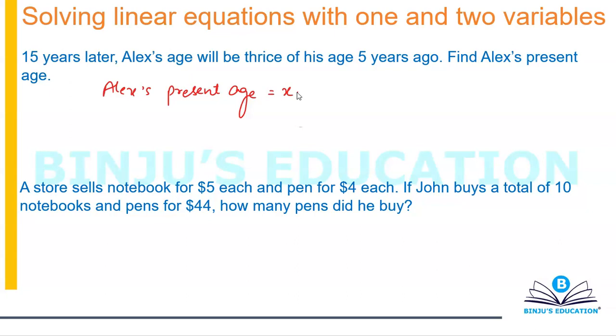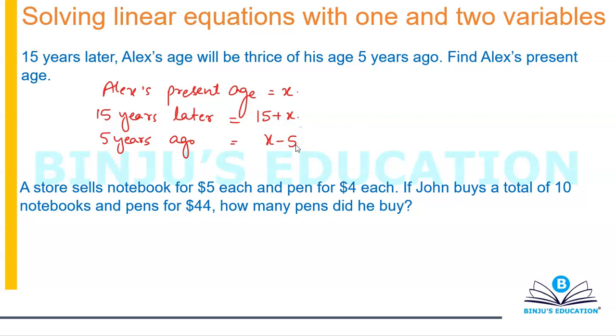So I can say that 15 years later, his age will become 15 plus x. And 5 years ago, his age will become x minus 5, because his present age is x, so 5 years ago, automatically his age will become x minus 5.